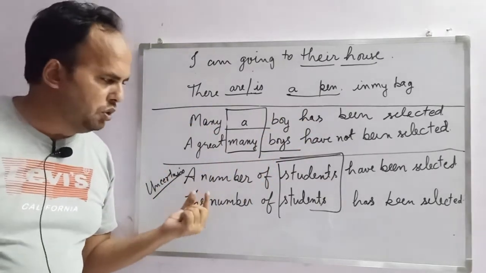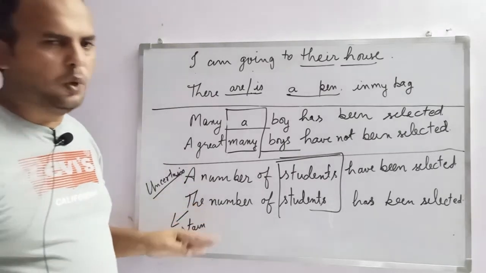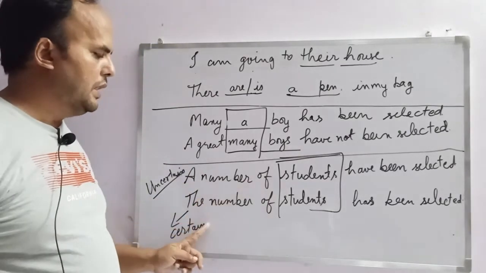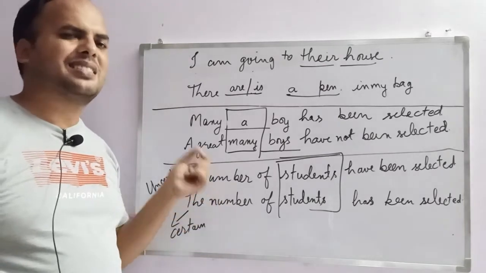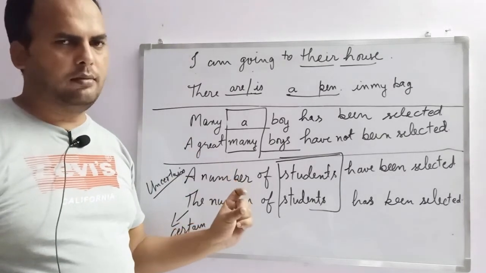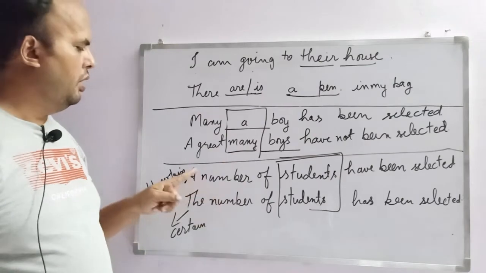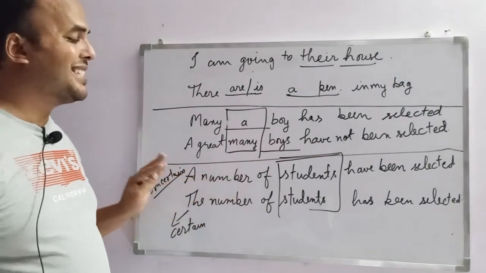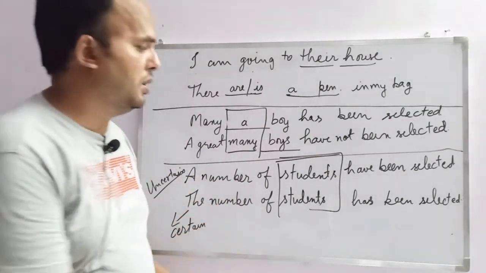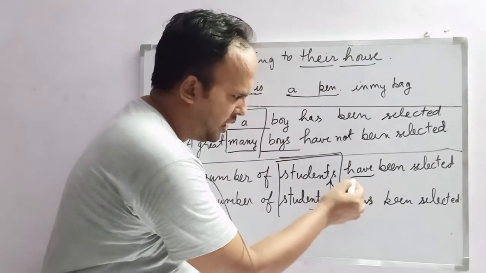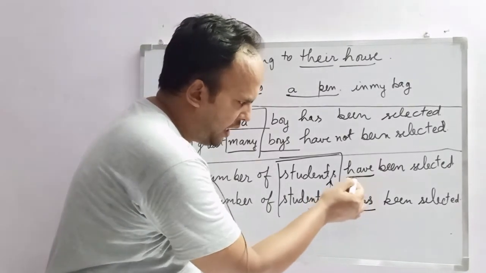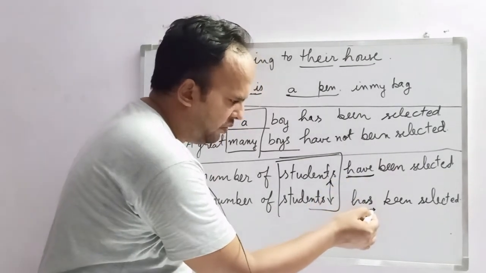Now, if you got these two more, a number of, the number of. If you write the number of, it means fixed, certain, countable. If you write a number of, that is uncertain, uncountable. No matter, both are plural, but we have to change the helping verb or the verb.